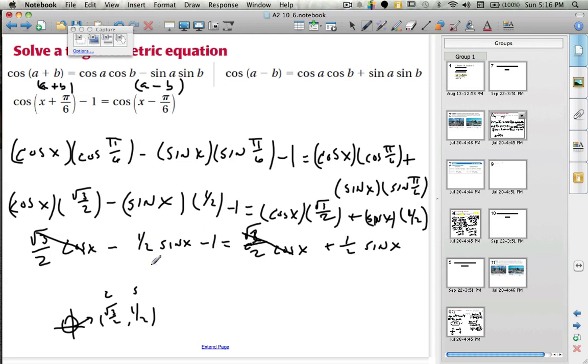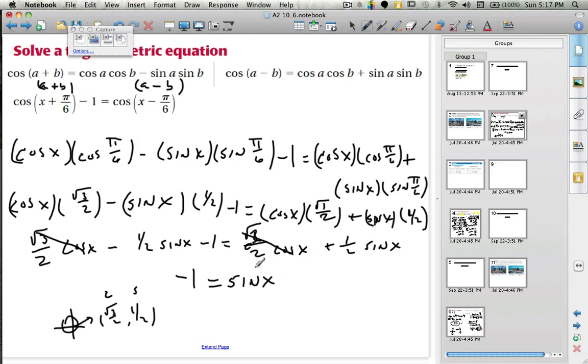If I subtract 1/2 sine of x, I'll have negative 1/2 sine of x minus 1/2 sine of x. That's just negative sine of x equal to 1. Actually, why don't I add it to either side and leave the 1 alone? So if I have negative 1 is equal to the sine of x.